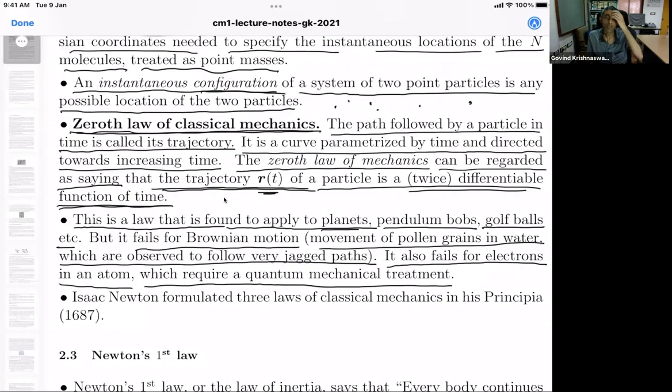And the point is that an attempt to describe the trajectory of an electron is fraught with difficulties, and one realized that a different approach is needed. It took a long time to understand that, but with the benefit of hindsight, we can simply say that it fails for electrons in an atom, just like it fails for pollen grains in water.